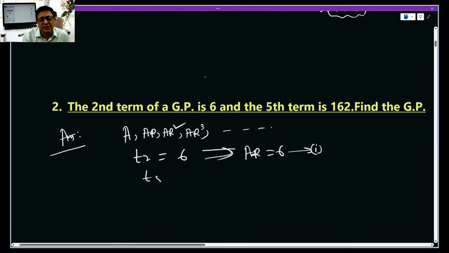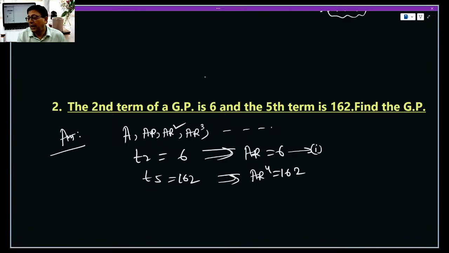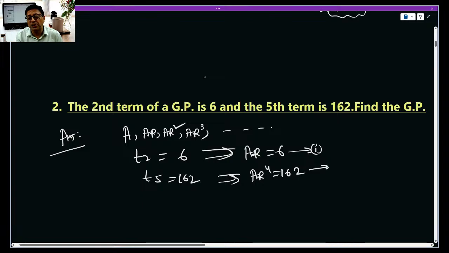Fifth term is what? 162. AR to the power 4 is equal to 162. You just solve for A and R. Okay? You can easily find it, the value of both A and R.